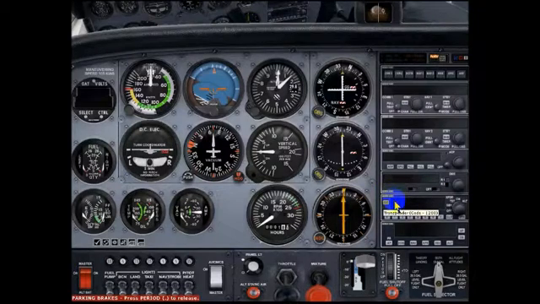The nautical mile is about 15% bigger than a statute mile. So 1 nautical mile an hour would be 1.15, or just to simplify, if I was moving at 100 knots, I would be moving at 115 miles an hour.